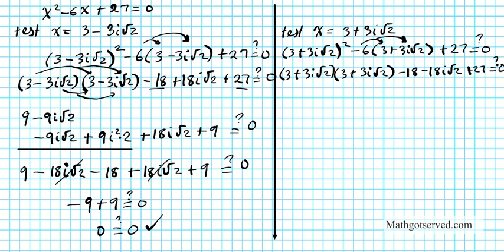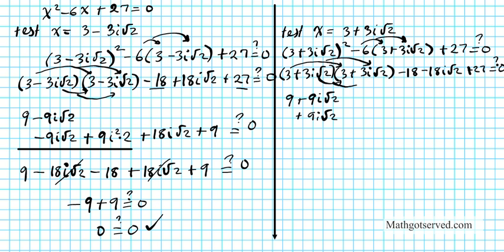Is it equal to 0? Alright, we're going to work this out as we did before. If we do the first, 3 times 3 is 9. If we do the outer, 3 times 3i root 2 is positive 9i root 2. When we do the inner, it's positive 9i root 2.